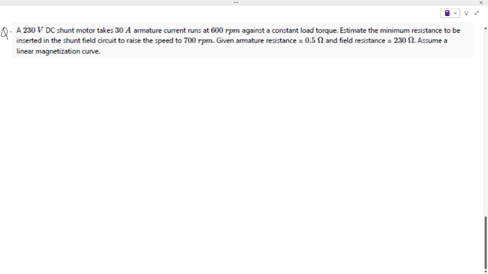To read the question: a 230 volt DC shunt motor takes 30 ampere armature current and runs at 600 rpm against constant load torque. Estimate the minimum resistance to be inserted in the shunt field circuit to raise the speed to 700 rpm. Given armature resistance is 0.5, field resistance is 230. Assume linear magnetization curve.